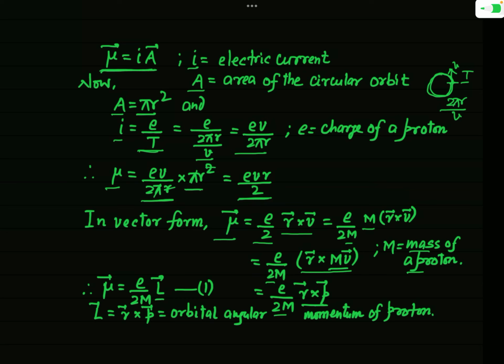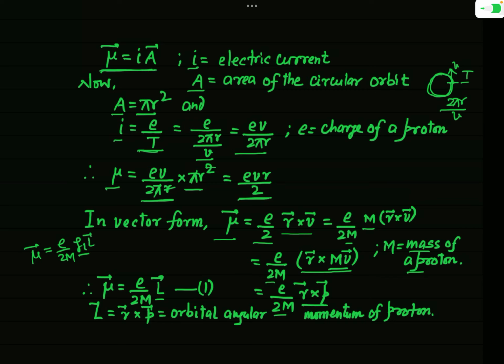In fact, here I have not written the statistical weight or the nuclear G factor, because if you want to generalize this result, you should write mu equal to E over 2m times GL times L, where GL is actually known as the orbital G factor.